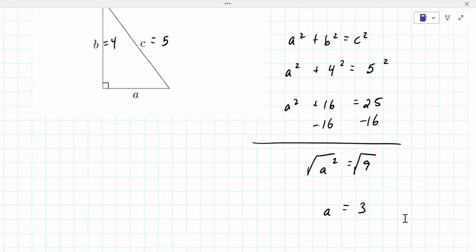Equals 5 squared. A squared plus 16 equals 25 minus 16.